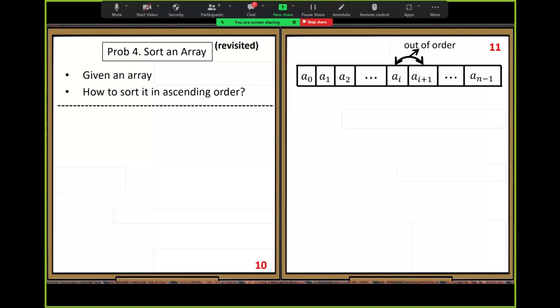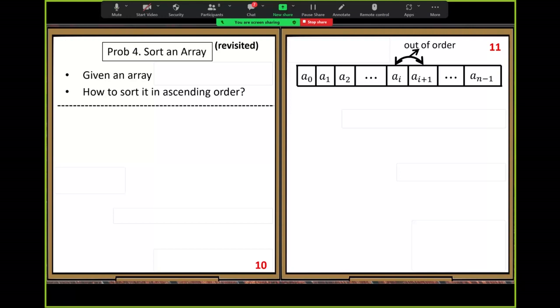Then the other one, out of order: the first element is greater than the second element. That's the one against our requirement. Our goal is to get all elements in order, but this pair is out of order.